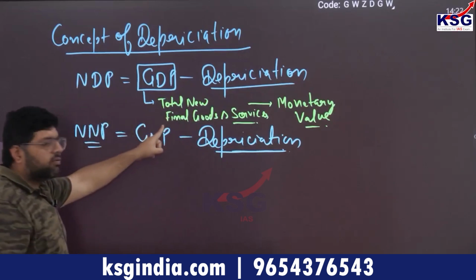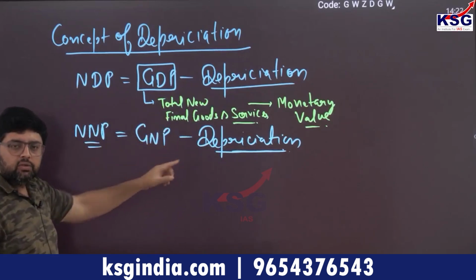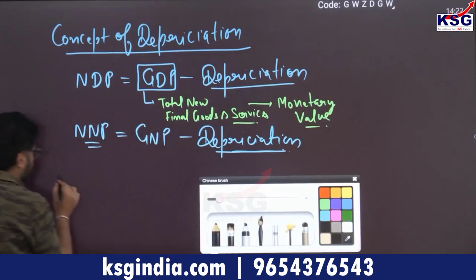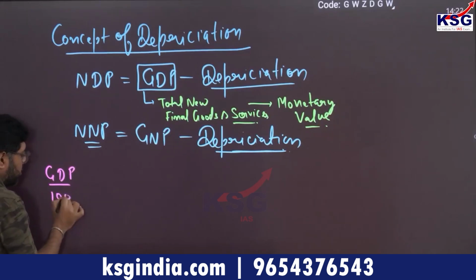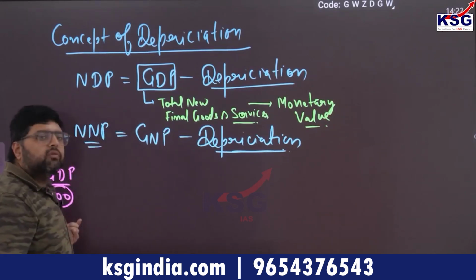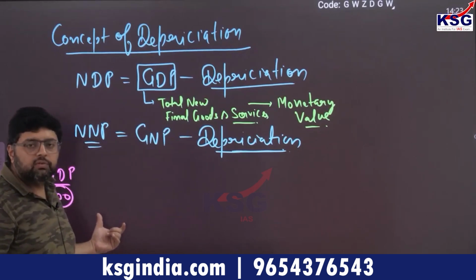No doubt, whatever total new goods and services we are producing every year, for example, just taking for your reference, last year my GDP is 100. So when I am writing 100, I hope you understood what I am telling you: this is the amount of total new goods and services we produced.